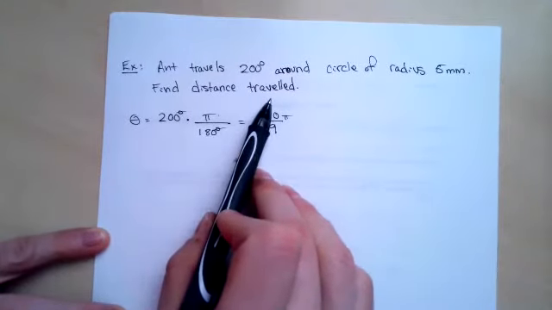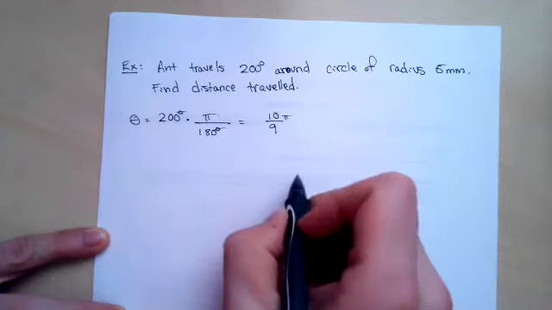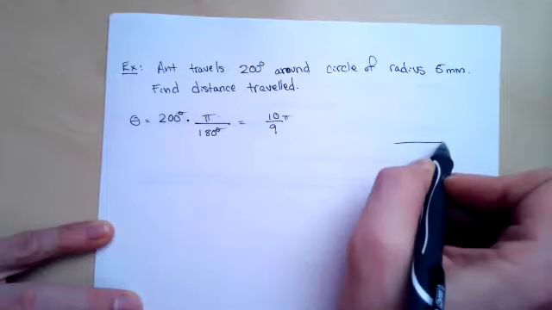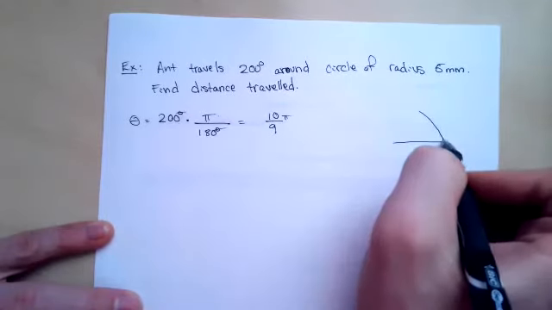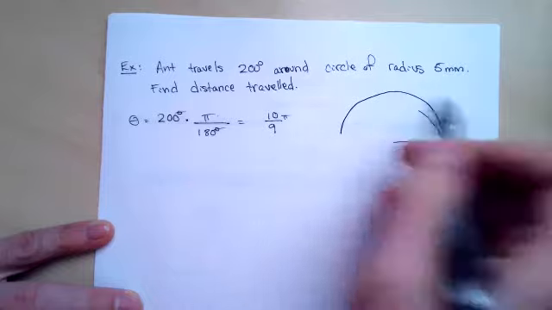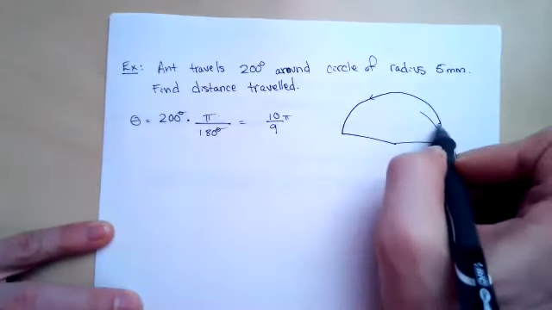What do we want to find? Total distance traveled. Since it's staying on the edge of the circle, this is just going to be an arc length. If we wanted to draw a picture, it's going to come around and go 200 degrees, staying only on the outside.